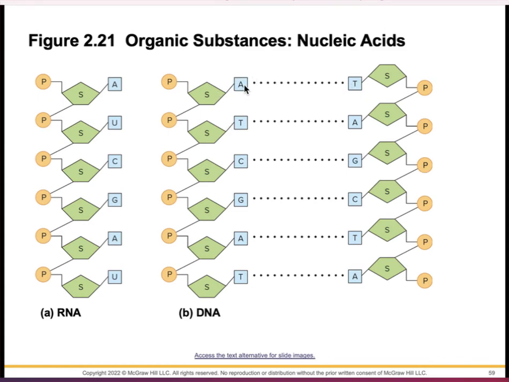While cytosine and guanine are always going to pair with one another. It is very important that you understand the base pairs between DNA and RNA and which ones pair with which. There is never going to be a C binding with a T. It's always C and G, A and T.